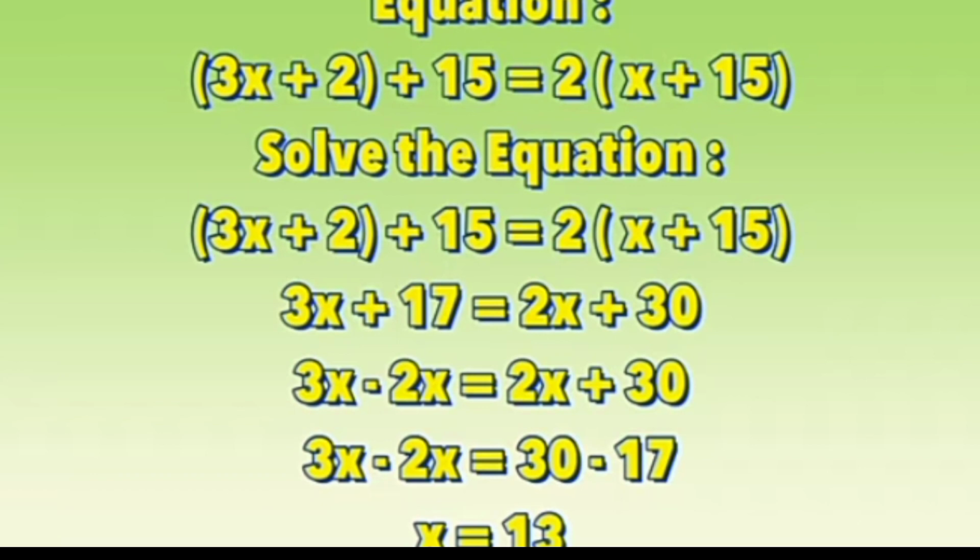Then we apply the distributive property to remove the parentheses. 2 times X equals 2X, and 2 times 15 equals 30. Before we simplify again, we're going to transpose all the variables to the left side of the equation and the constants to the right side.